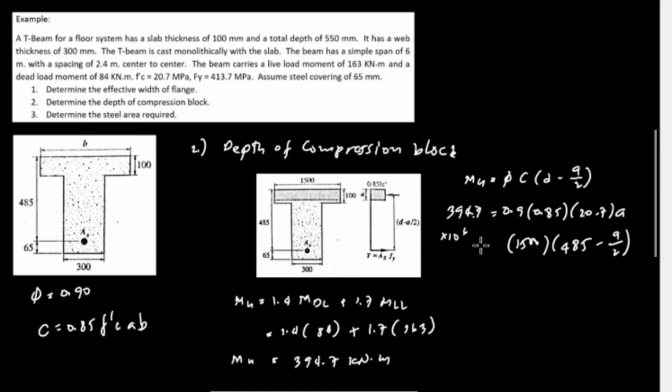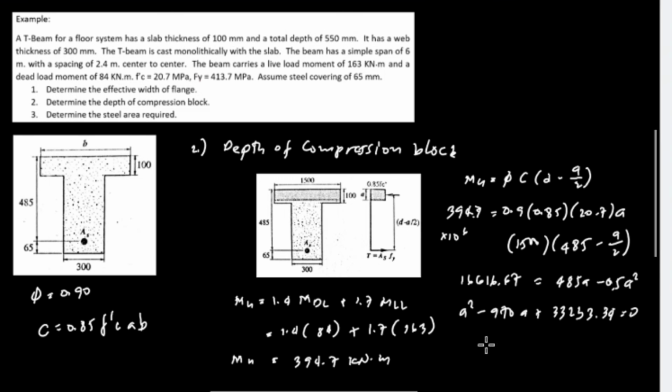394.7 times 10 to the power 6, based on simplification, 16,616.67 is equal to 485a minus 0.5a squared. Using the quadratic equation, a squared minus 970a plus 33,233.34 is equal to 0.